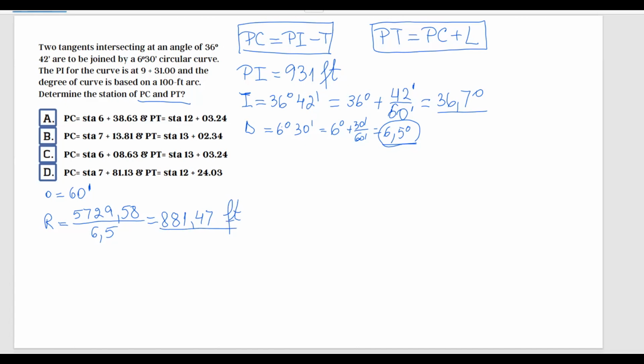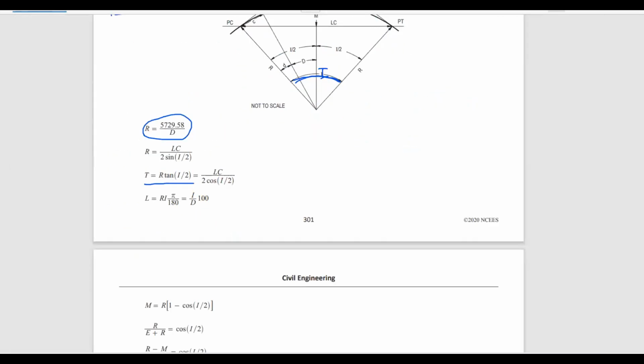Perfect. Now we can go to the tangent formula given in the FE handbook. The tangent formula says T equals R tangent of I over 2.